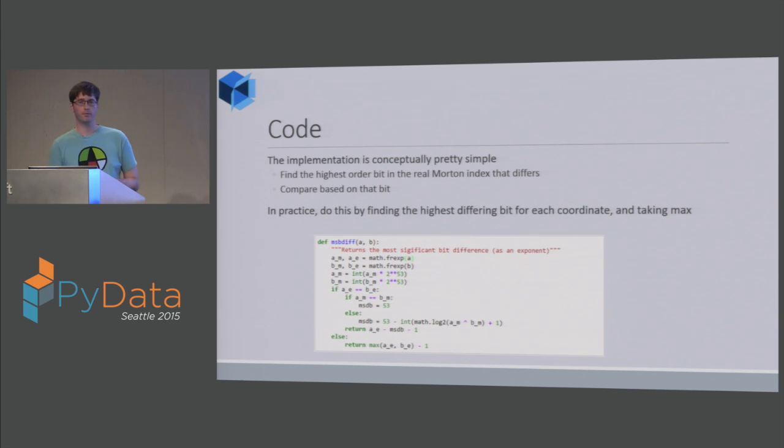First we have a function that computes what the bit that's different is. It uses a couple of standard library functions to pull apart the floating point number and grab its exponent, and uses some knowledge of the double precision mantissa size of 53, and we can say where the bit that differs is.